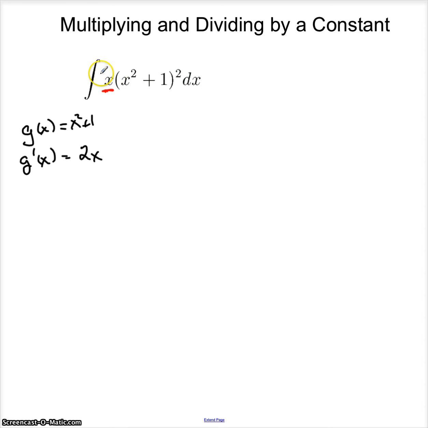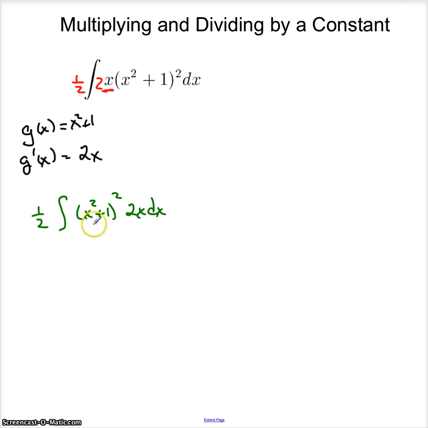So what I'm going to do is go and put it in there. But I can't just double my problem here. I have to multiply by the inverse. So let me rewrite this. This becomes 1/2 the integral, and I'm going to rewrite it just a little bit so we can see the g prime.